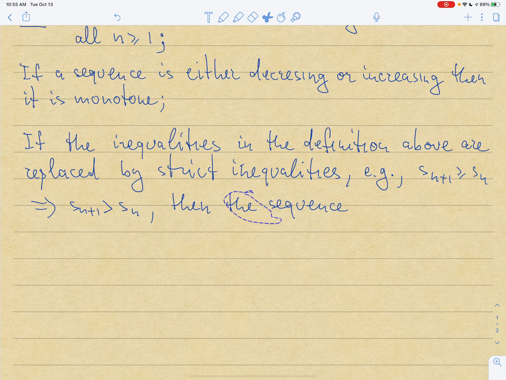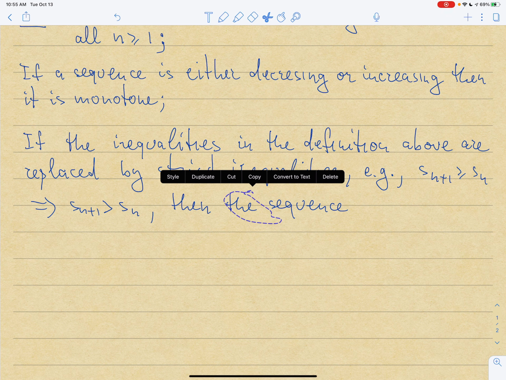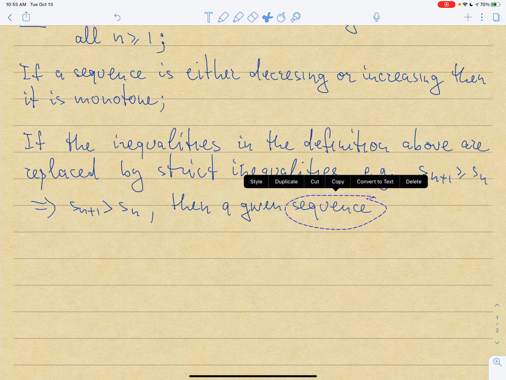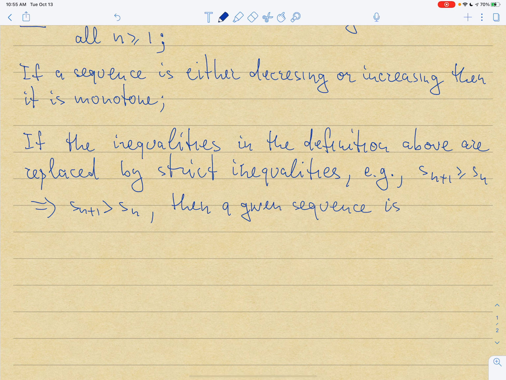So let me just rephrase this. So it is strictly increasing or decreasing.